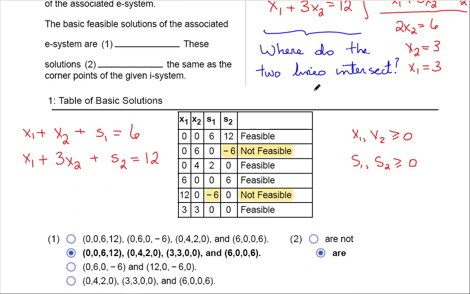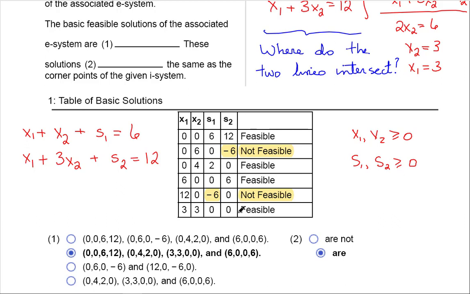All right, so let's see. Looking here at what's feasible and not feasible, we have 0, 0. Oh, this is not feasible because S2 is -6. This is not feasible because it again has a negative.